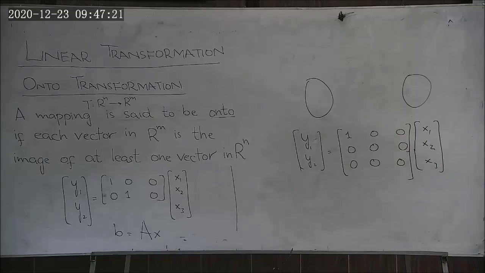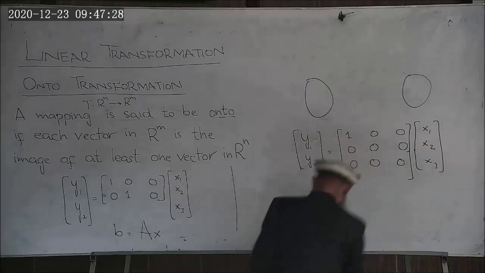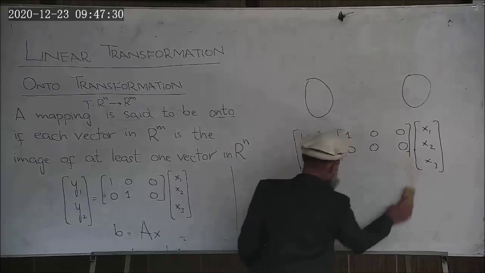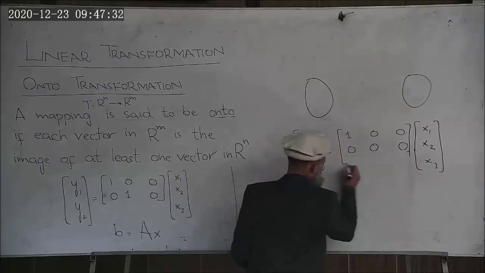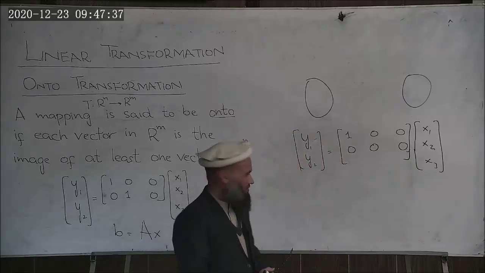Why? There exists some vector. You know the procedure: there is no third row over here. Otherwise this equation is not correct.